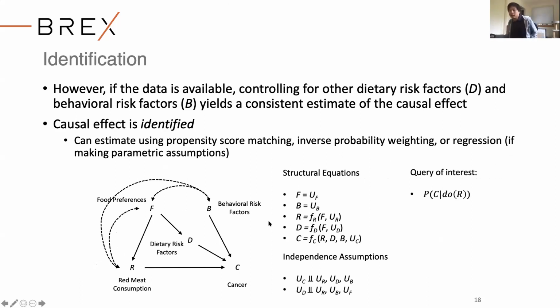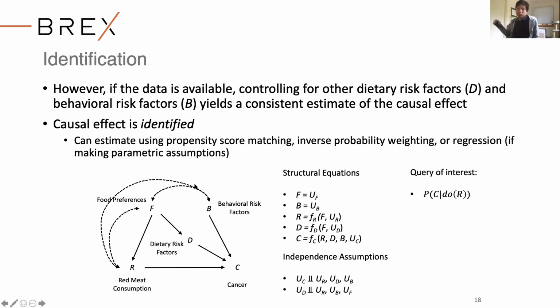So let's say that this is the underlying causal structure now, where food preferences cause whether I eat red meat. It also causes whether I have other dietary risk factors. And then there are also these behavioral risk factors, but I know there are latent common causes between both of these, right? That's what this bidirected dotted edge means. It could be the culture in which you grew up.